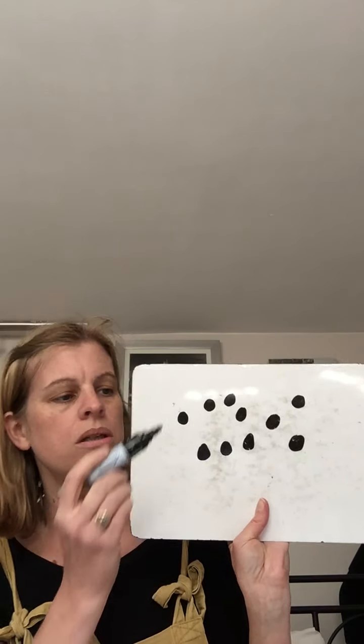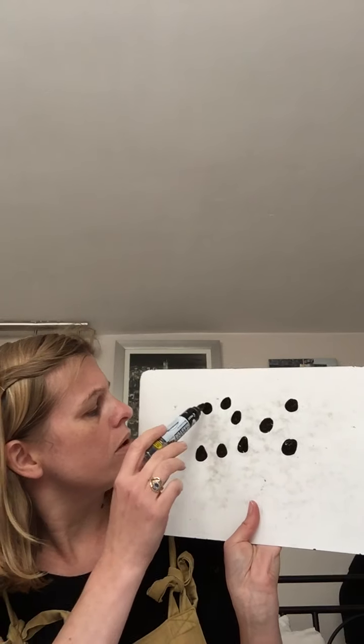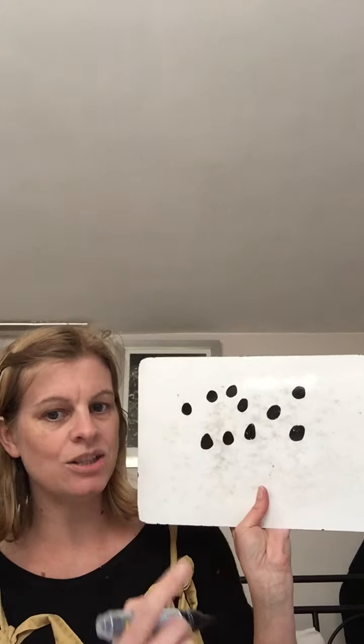Well, the first thing I'm going to do is count how many there are. Can you count how many spots I've got on my board? 1, 2, 3, 4, 5, 6, 7, 8, 9, 10. I've got 10 spots. You might know what half of 10 is already.